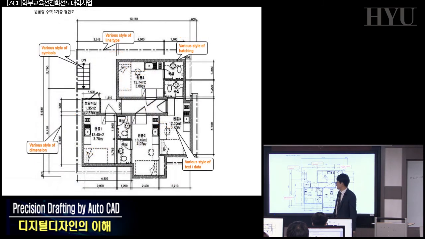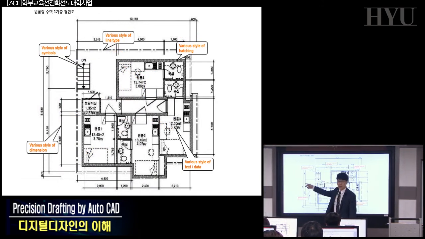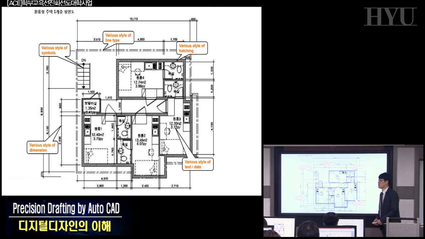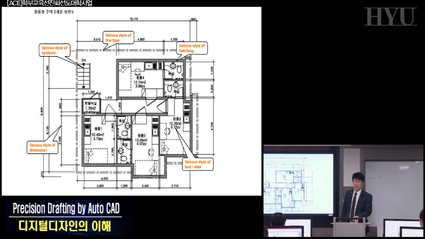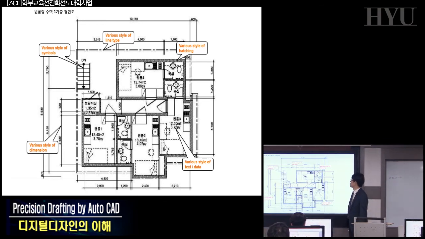There are different types of lines, dashed lines, solid lines, and so on. How to change that? How to put that kind of line for what? Figuring that out is one big challenge when you are dealing with this kind of plans, okay? Various styles of text and size and additional data.